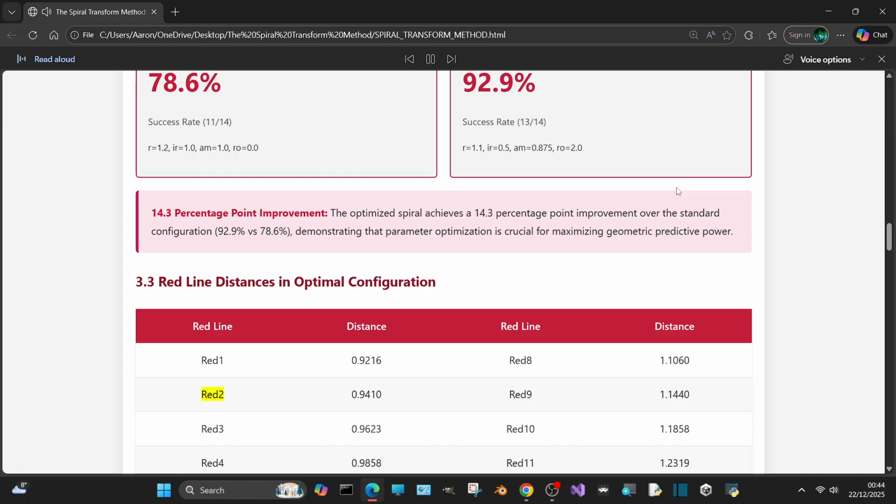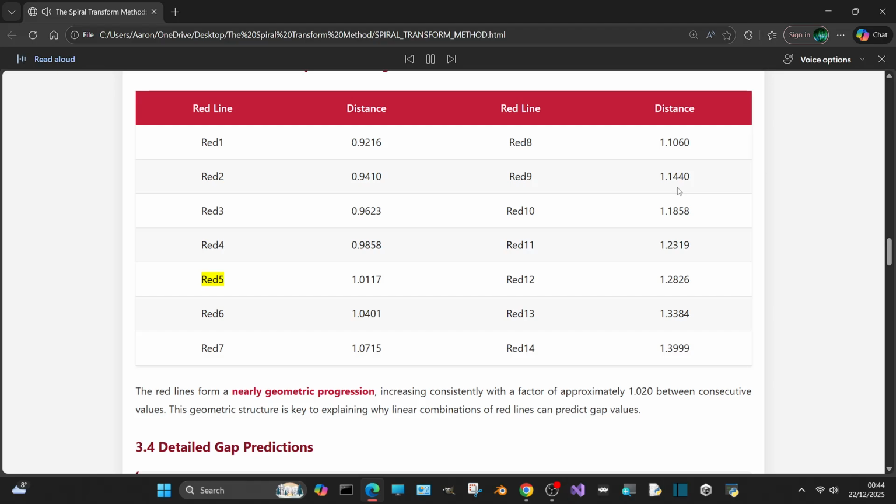Red 9: 1.1440. Red 10: 1.1858. Red 11: 1.2319.